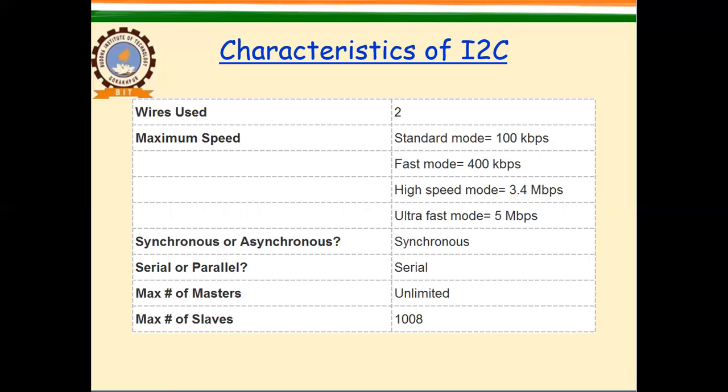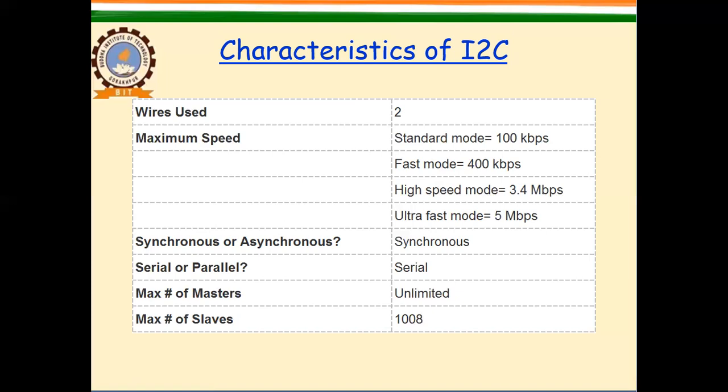This is a synchronous protocol, as we have seen that it uses a clock signal, like SPI. The data transmission takes place on a single line, serially, bit by bit. Here, again, a very significant difference comes in comparison to SPI: the number of masters, which is limited to 1 in case of SPI.